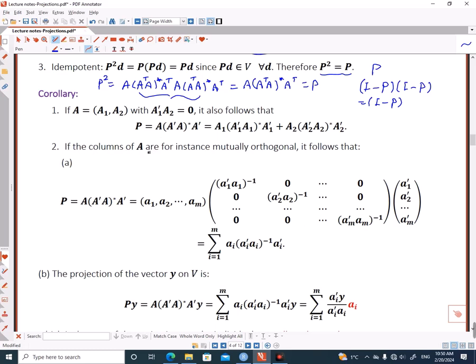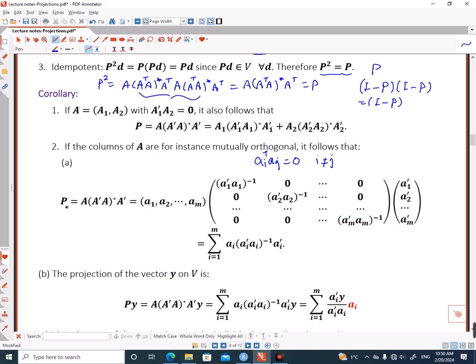Further, if the columns of A are mutually orthogonal, it means that ai prime aj is equal to 0 for i not equal to j.